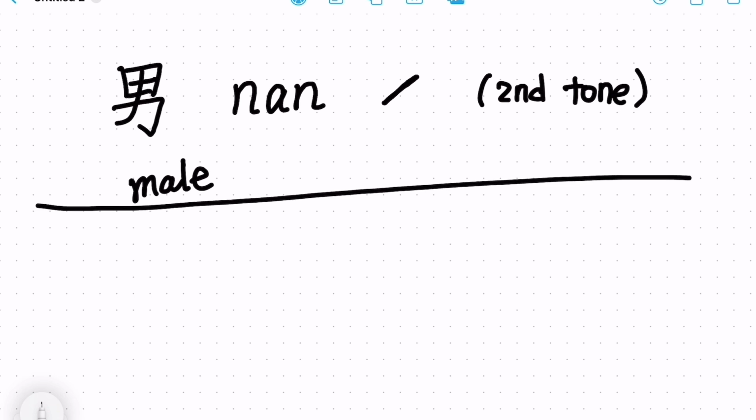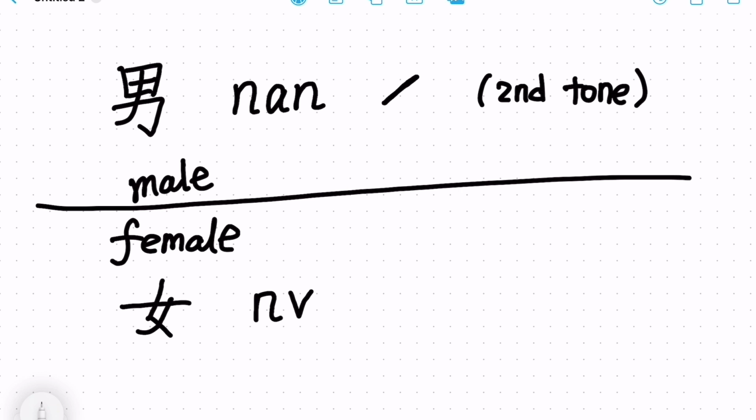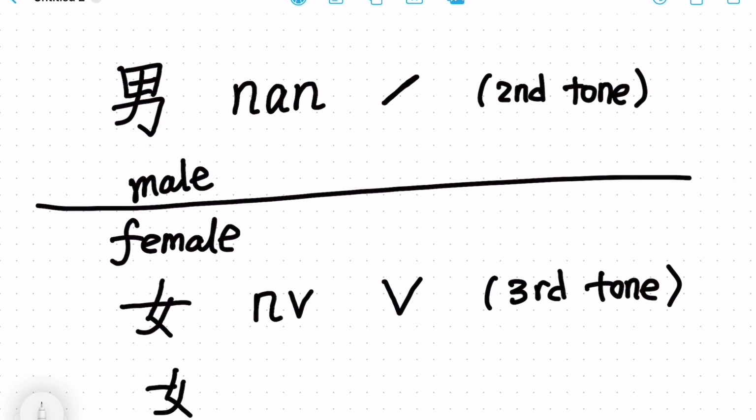And then the next one is female. Nü. And the tone is the third tone. I'll write nü a few times so that you can see a pattern.